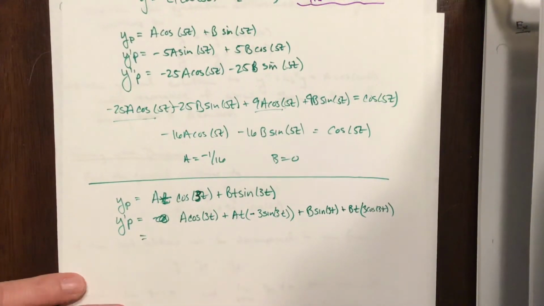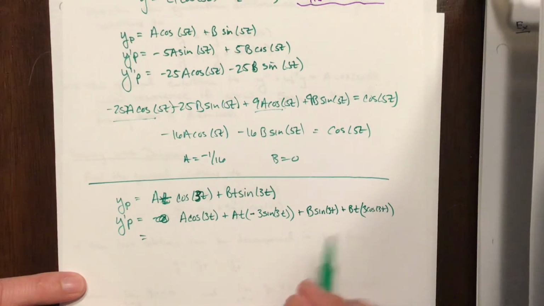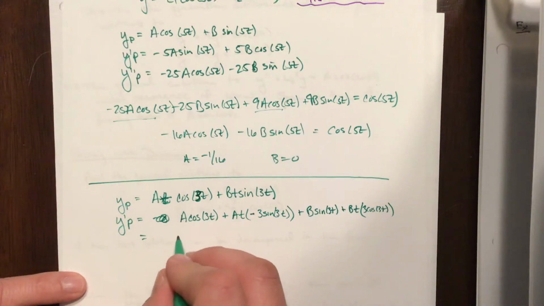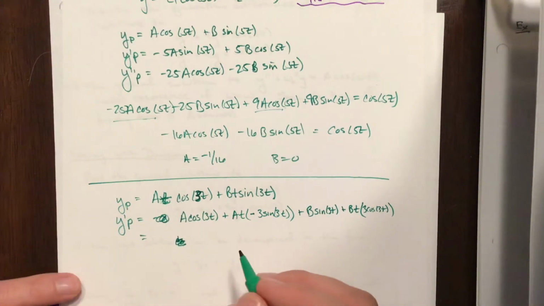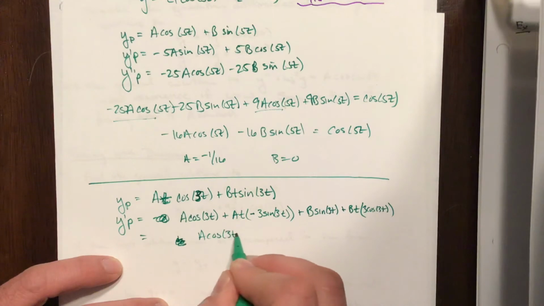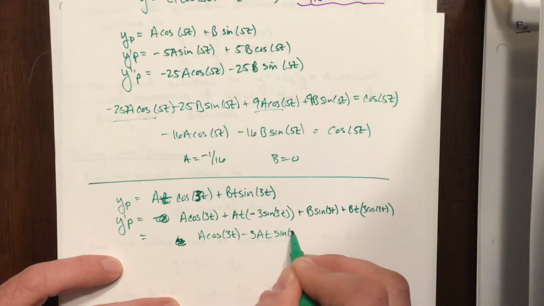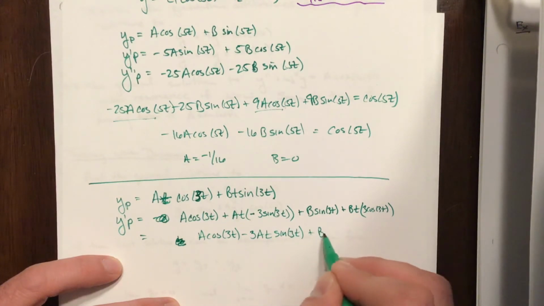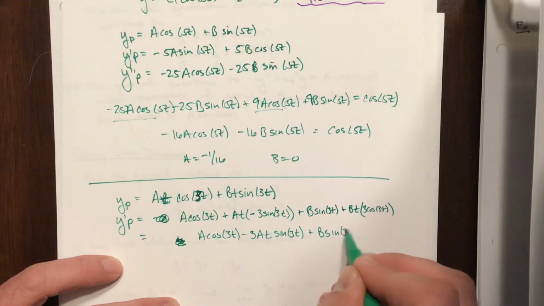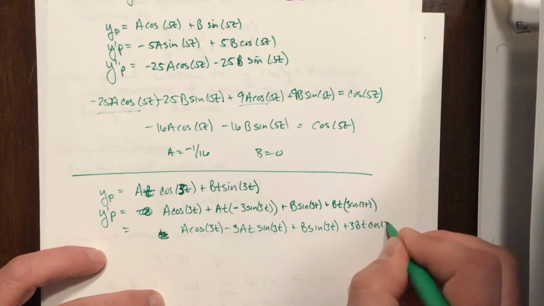So simplifying this, let's see, what's the best way of saying this? Let's do it this way. A cosine 3t minus 3at sine 3t plus b sine 3t plus 3bt cosine 3t.